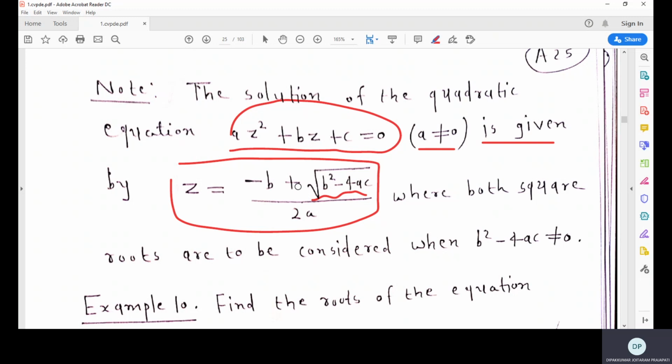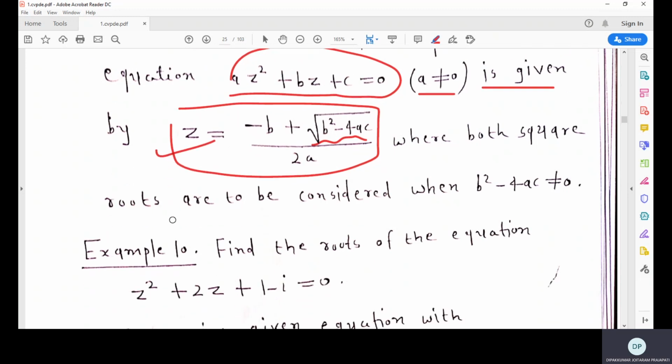So by default we will have two values here, and for those two values we will have two different roots of this equation. And if b square minus 4ac is non-zero, then we will have two different roots.